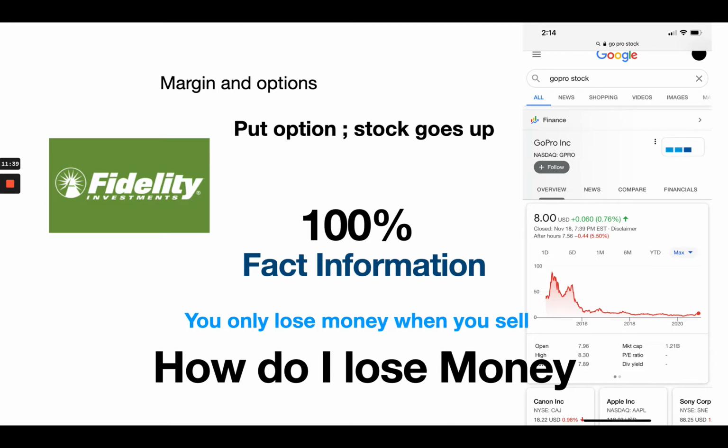Your other thing is options. I just got done telling you that on a put option, you're betting that the stock goes down, and on a call option, you're betting that it goes up. If the inverse happens, you lose money. The nice thing about options is that you only lose the money that you paid for the option, and you don't have to execute the option.